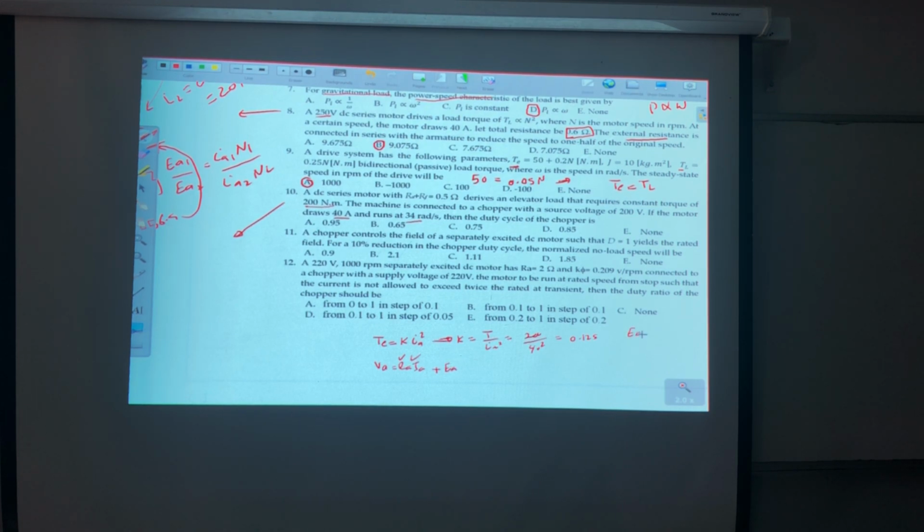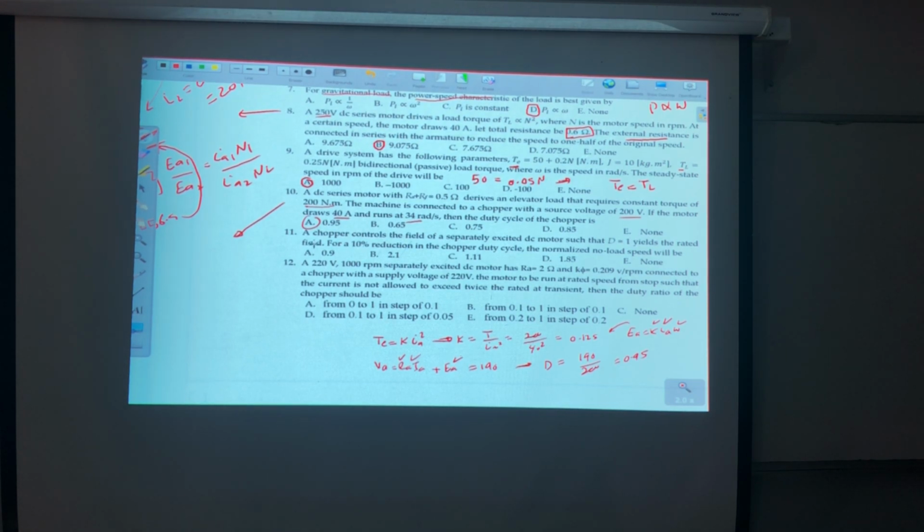EA will equal K IA omega. Omega is given, IA is given, and K is calculated, so I can find this one. If I do the math, this will equal 190. Now the duty cycle D will equal 190 over 200, and this will equal 0.95. So the answer will be A.